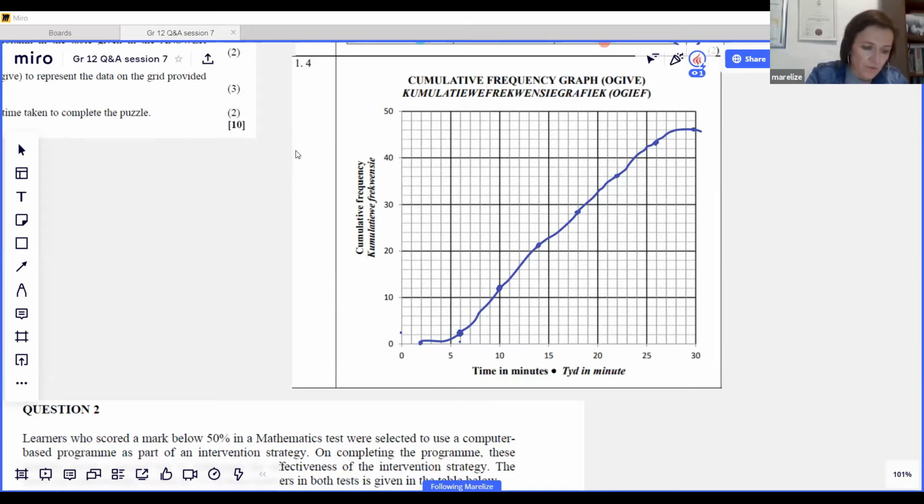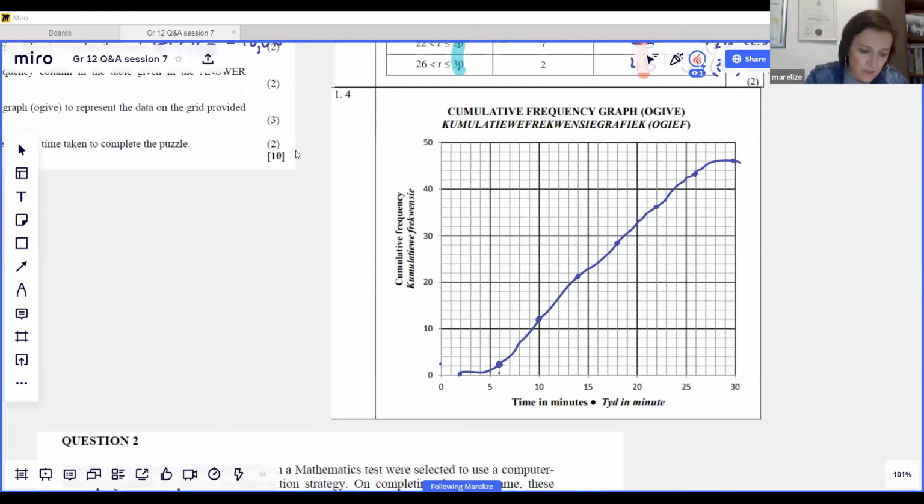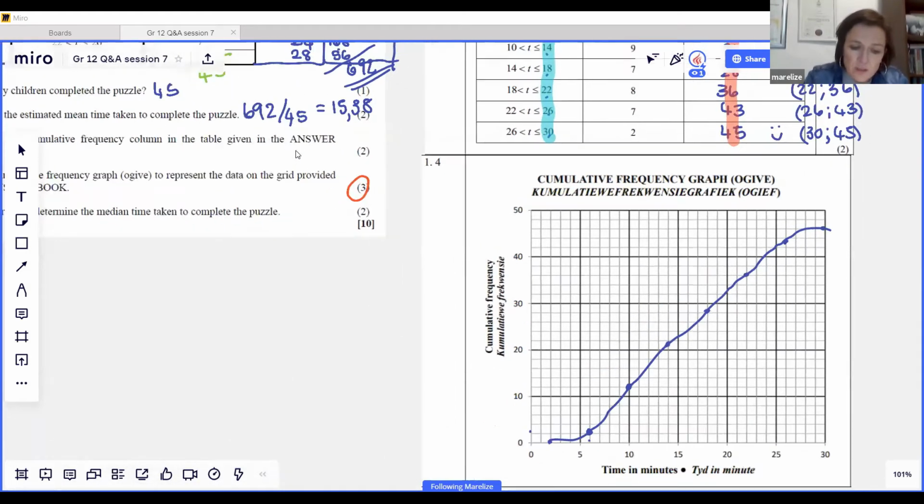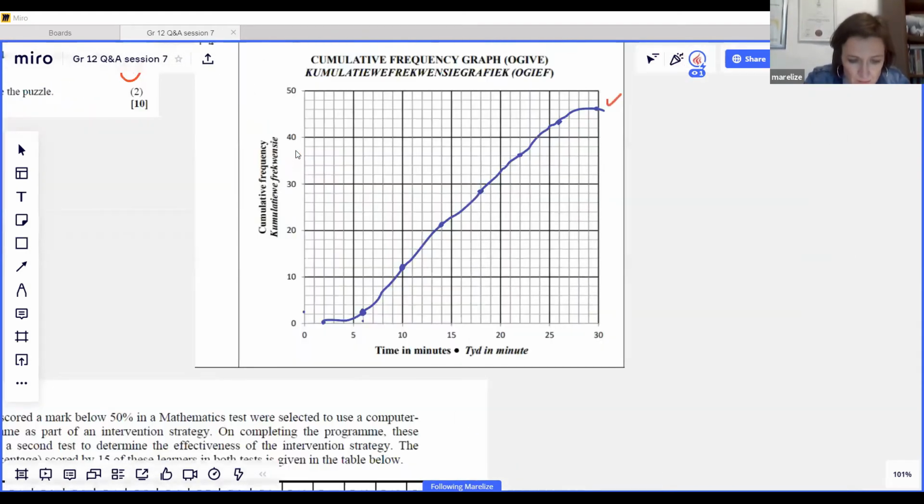Your graph is worth 3 marks: it's for plotting all your points, for the S shape or a curve, and your curve has to level off at the top. You have to make Table Mountain there when you finish your curve. And your other mark is for grounding it in the right place.